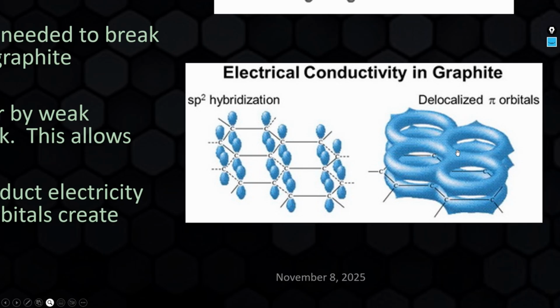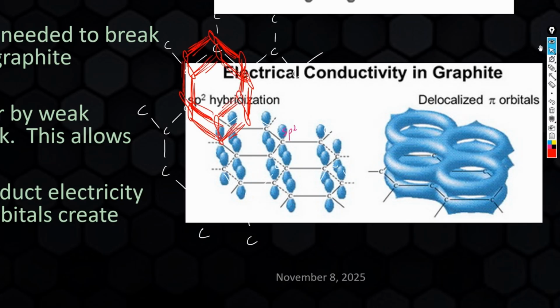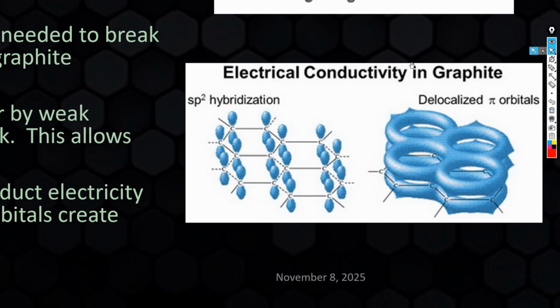When they do so, they all merge together, causing what we call a delocalized pi orbital. So you can imagine that we have all these carbon atoms with sigma bonds to each other, but each carbon atom only has 3 sigma bonds because of their sp2 hybridization. And because of sp2 hybridization, the p orbitals are left empty to delocalize all over the layer, creating these delocalized p orbitals. This is the hardest part to understand about graphite.